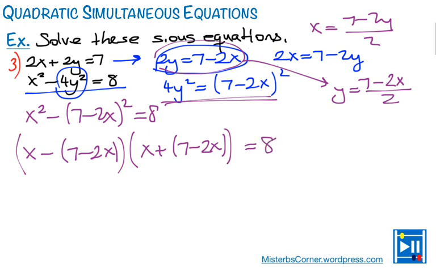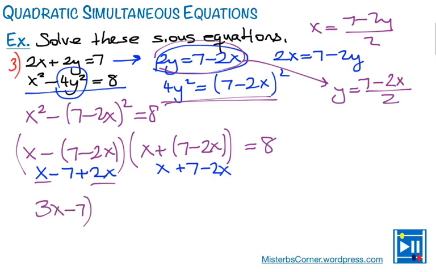If you expand the brackets, let me write underneath and simplify: x minus 7 plus 2x, that is x plus 7 minus 2x. So I'm going to end up with x plus 2x being 3x minus 7 multiplied by minus x plus 7, which is 8.